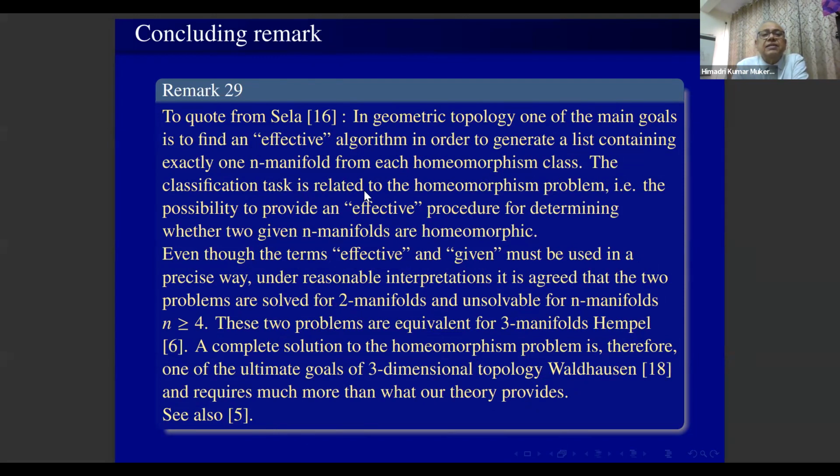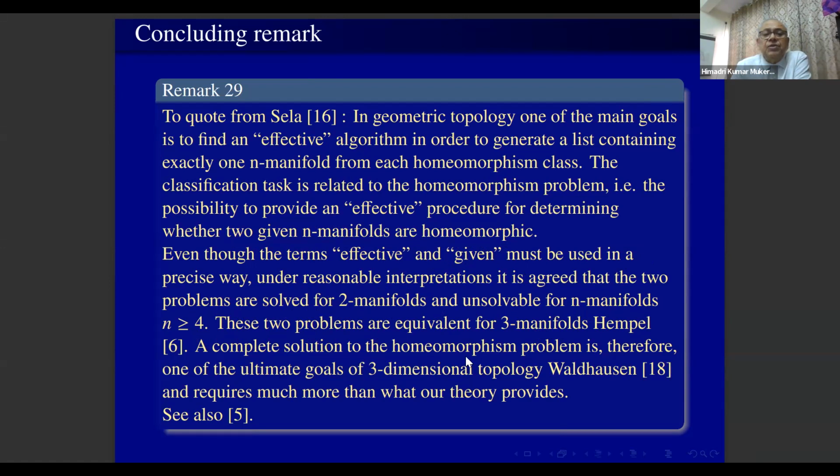The classification task is related to the homeomorphism problem, that is, the possibility of providing an effective procedure for determining whether two given n-manifolds are homeomorphic. Even though the terms effective and given must be used in a precise way, under reasonable interpretation it is agreed that these two problems are unsolvable for n-manifolds with n greater than or equal to 4. They cannot be solved. These two problems are equivalent for three manifolds by Hempel.